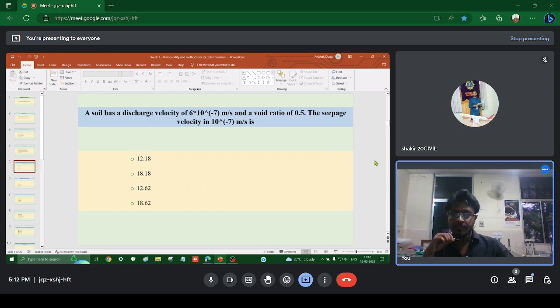This is a numerical. A soil has a discharge velocity of 6 into 10 to the power minus 7 meter per second and a void ratio of 0.5. The seepage velocity in 10 to the power minus 7 meter per second is, I'll repeat once, the discharge velocity given over here is 6 into 10 to the power minus 7 meter per second, and the same soil has a void ratio of 0.5.